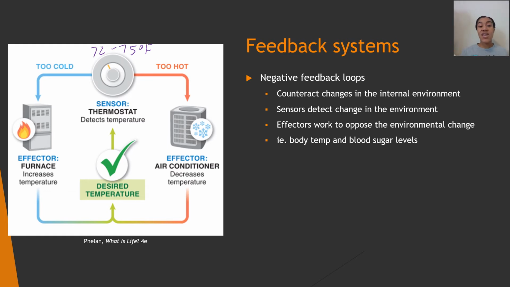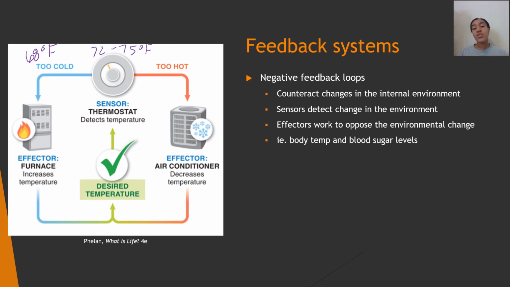So let's say in the room, it's in the winter and it gets cold and the room gets down to 68 degrees. Then that sensor, the thermostat, will sense that change and it'll say, ooh, this temperature is below the optimum, and it'll send a signal to the effector, which is the furnace, to turn on to heat up the room. And the furnace will keep running until the room is back to the optimum of 72 to 75 degrees.